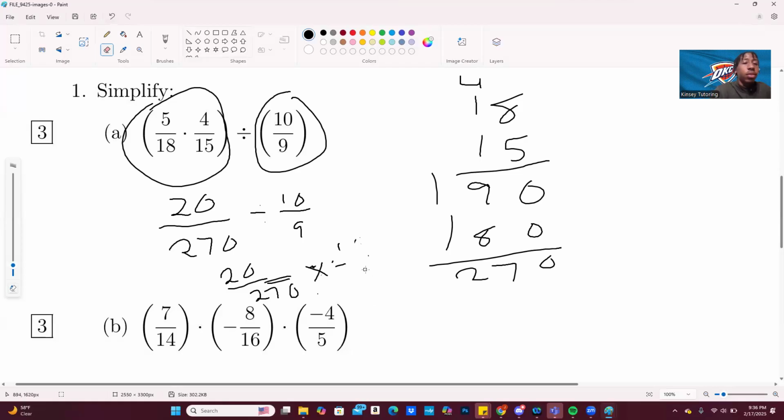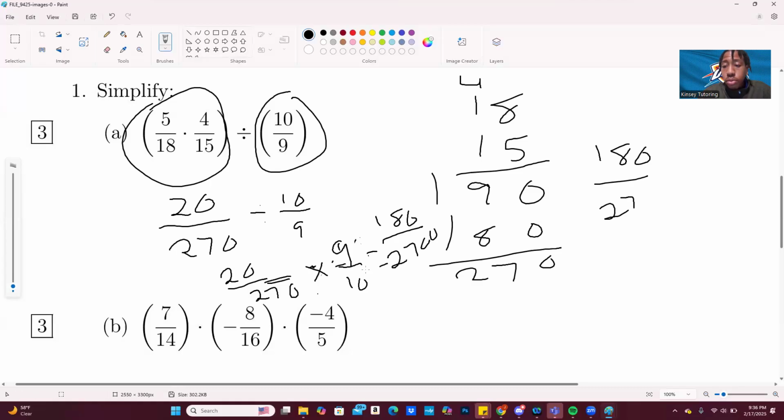Instead of 10 over 9, you keep, change, flip to 9 over 10. So that's going to be 20 times 9, 180, and 270 times 10, just add a 0, 2700. Okay, so we have 180 over 2700.